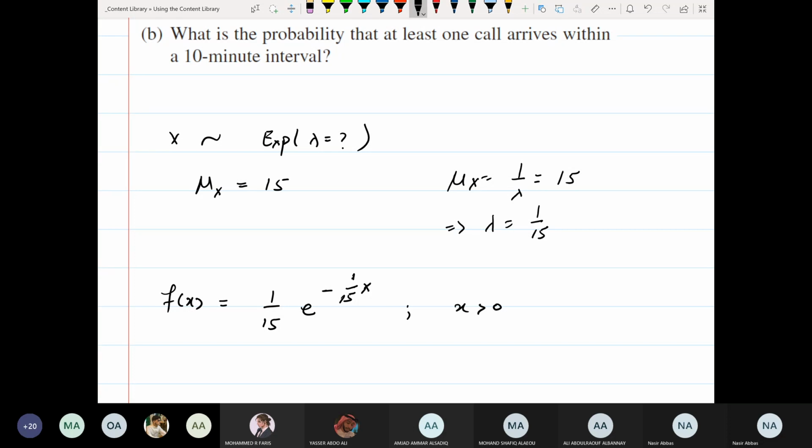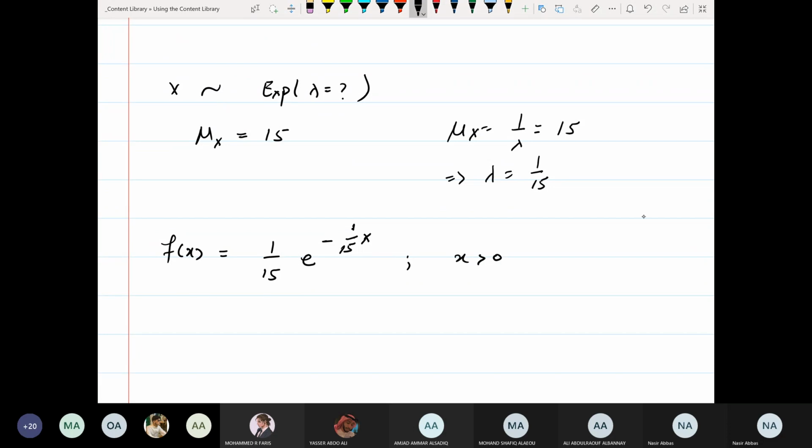Just plug in the value of lambda into the probability density function that is given. Similarly, I can write the CDF expression, that is 1 minus e to the power minus lambda x. Similarly, if they ask me to find the variance, I can find that. I'm not going into that story. Let's go to the question.